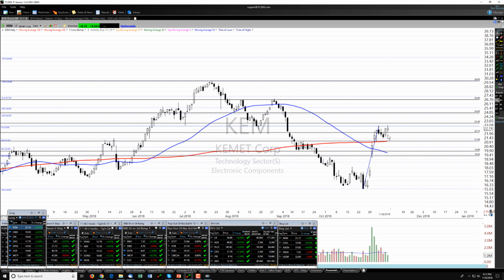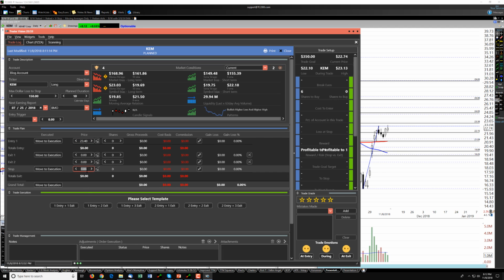So I'm going to call that 22.15. So let's put the stop in about, what, 22 bucks. With the first target up here about 24.80. And the second target up there around 26.75.